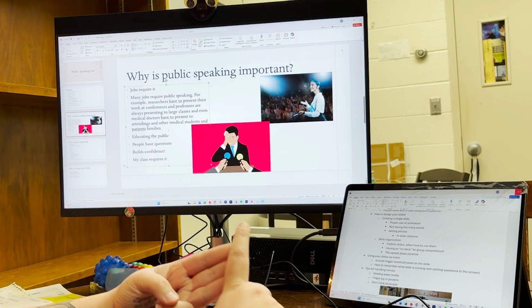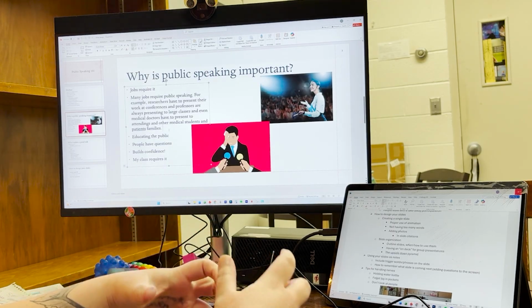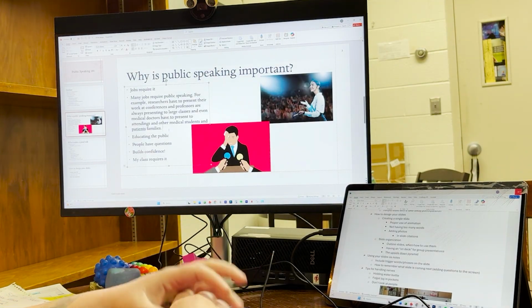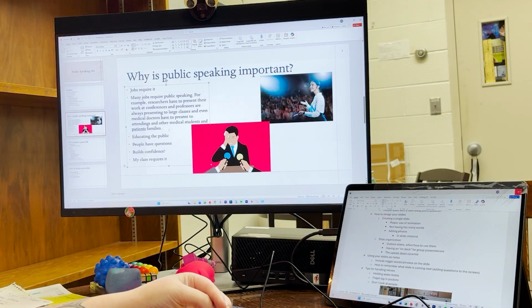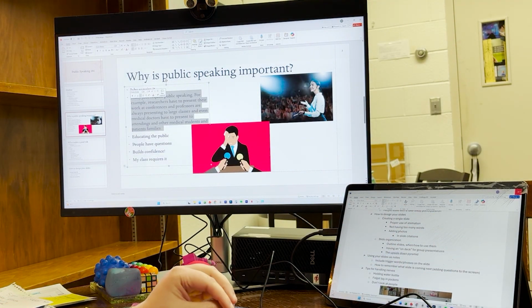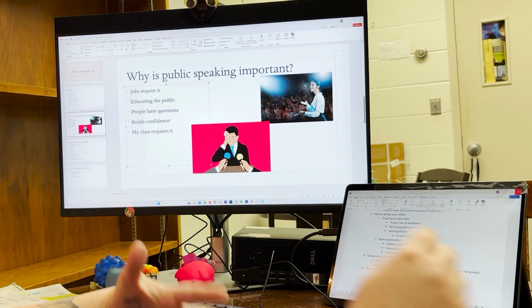And ultimately, the words that you're saying are the focus. The slides are meant to support you and as a visual aid. They shouldn't be what people are focused on. So you need to find a balance between too many words and not enough words.